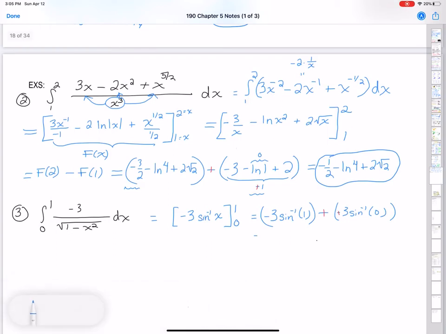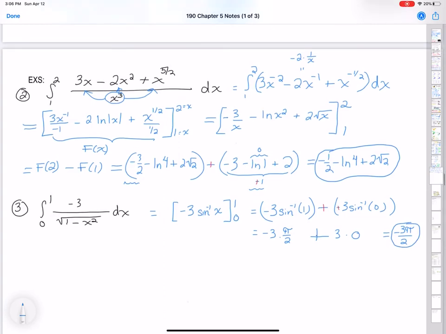So if we think about where sine is 1, that would be at pi over 2. And then plus, thinking about where sine is 0, that's going to be at 0. You could use your calculator on that if you needed to double check, of course. But this ends up being negative 3 pi over 2.